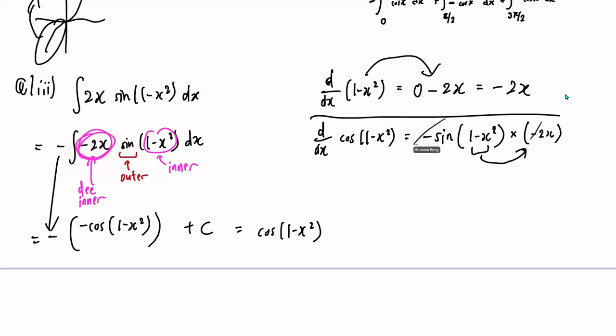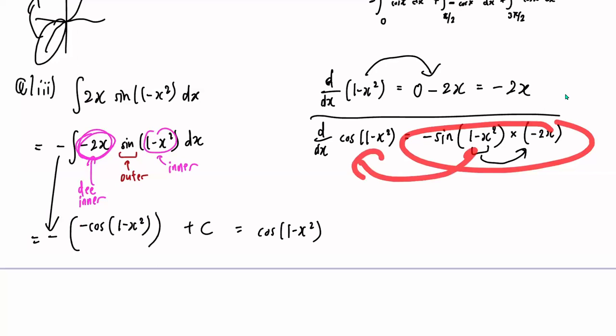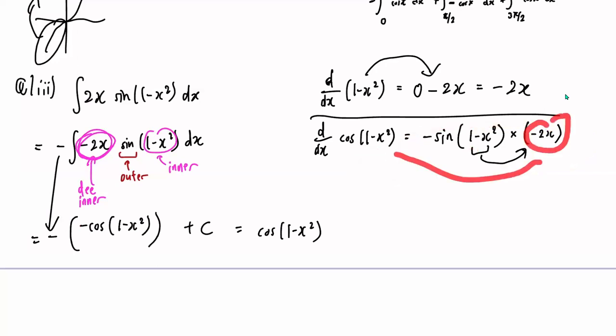Then you get back the original. So the idea is simply to fit it into this form so that you can work backwards. The chain rule introduces the extra negative 2x, so that's why when we work backwards, it disappears.